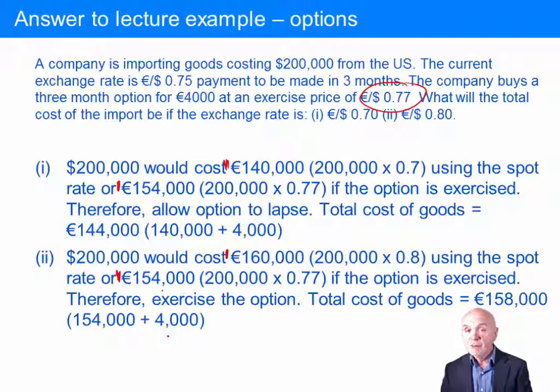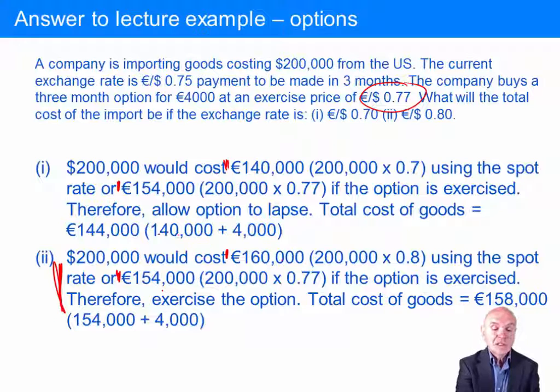We will never have to pay more than that. It didn't matter what the exchange rate went to. The exchange rate could go to €1 to $1, could go to €2 to $1. But we've got this stop here, which allows us to say we'll never have to pay more than 158,000 euros.